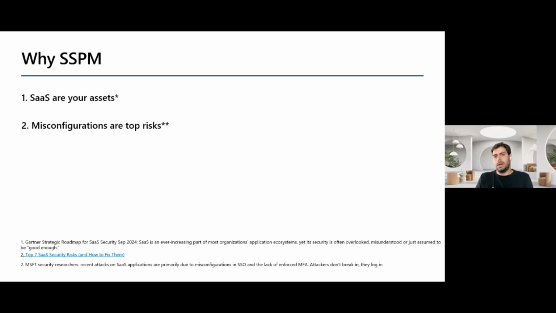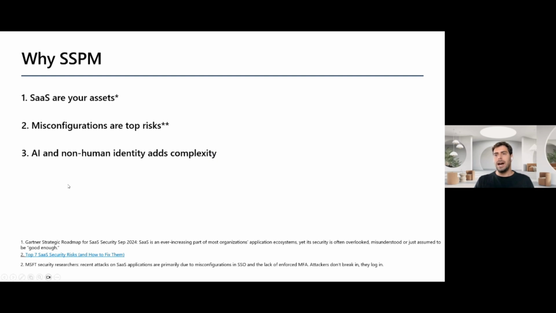So an attacker can break into a user and then just log in as this user into the organizational SaaS applications. So those misconfigurations are between the interactions, from user to SaaS interactions or non-human identity to SaaS interactions, which leads me to the third bullet into why SSPM is so important.